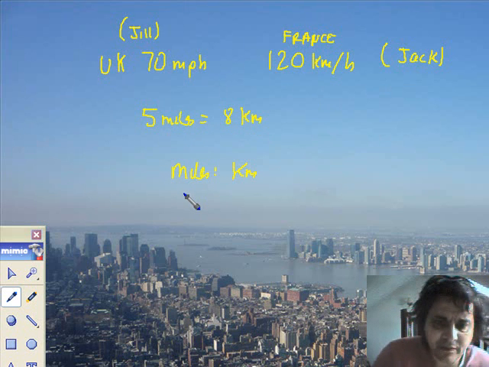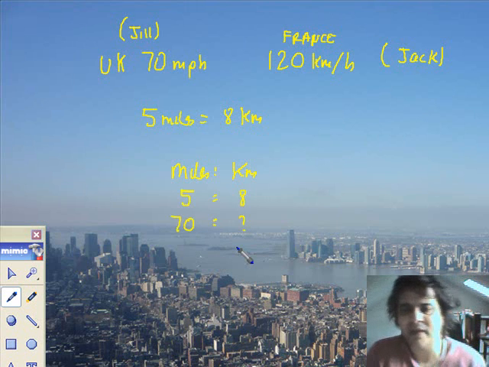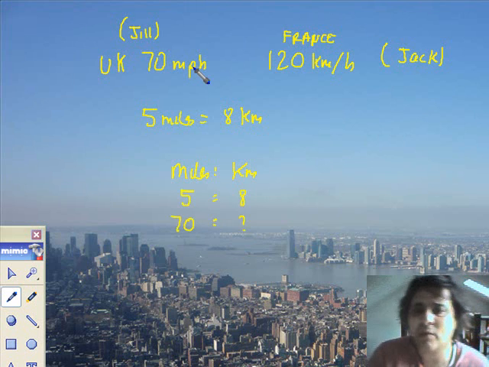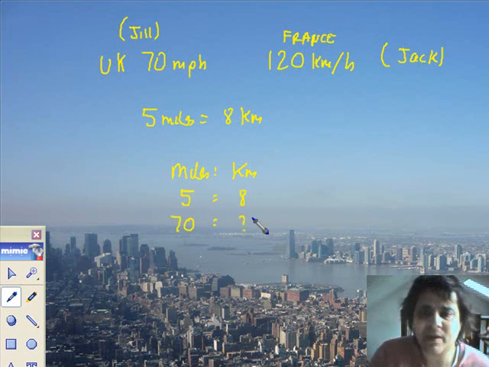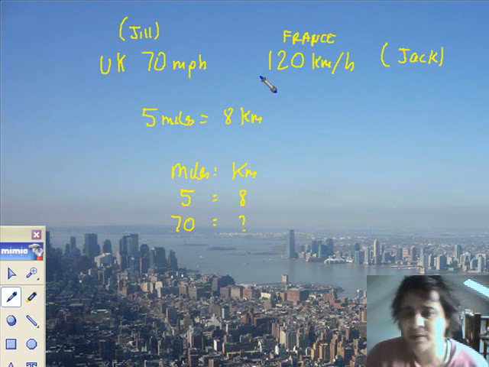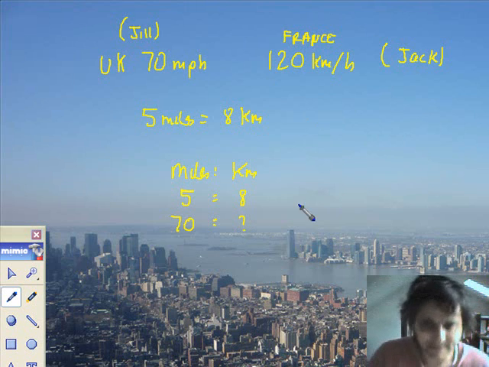That's going to be 5 to 8, and if I've got 70 miles per hour, I'm going to put my 70 there, and then my mystery X there. Now it doesn't matter that we've got per hour there. If I treat that 70 as related to the miles, then my answer will be in kilometers. Because they're both per hour, I'm going to ignore that for now and just get the answer, but I know it's going to be a speed rather than just a distance.